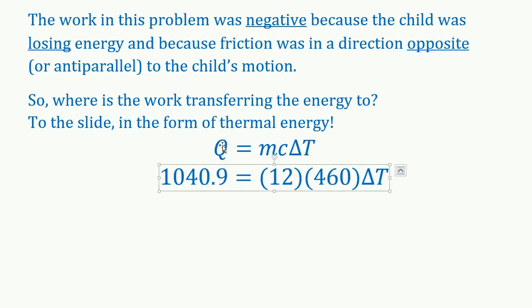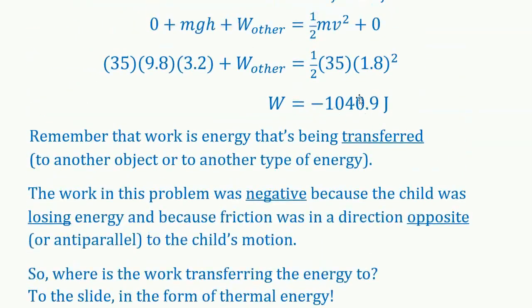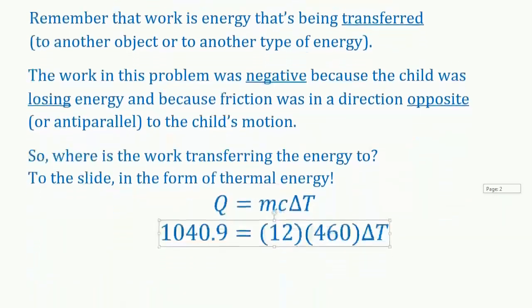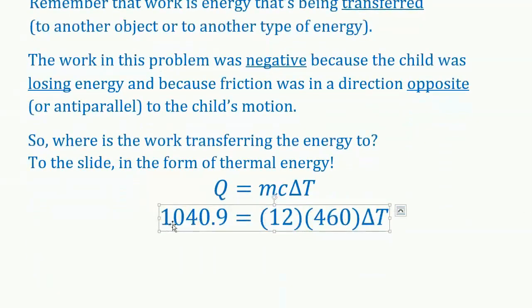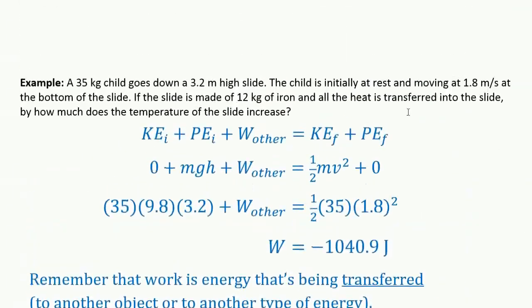So Q is going to be 1040.9. It was negative up here because we were talking about the child, and that energy was leaving the child. But because that energy is going into the slide, it's positive when we're talking about the slide. The mass of the slide was 10 kilograms. c, the heat capacity, well, the slide was made of iron.